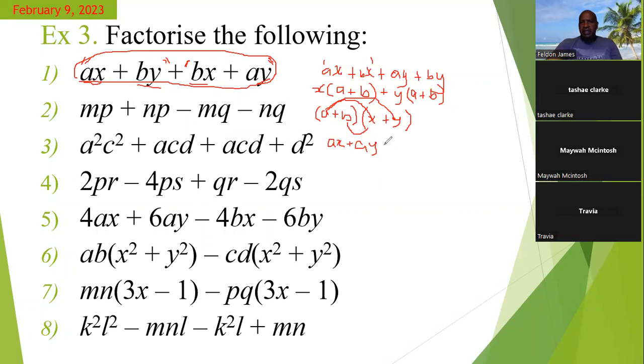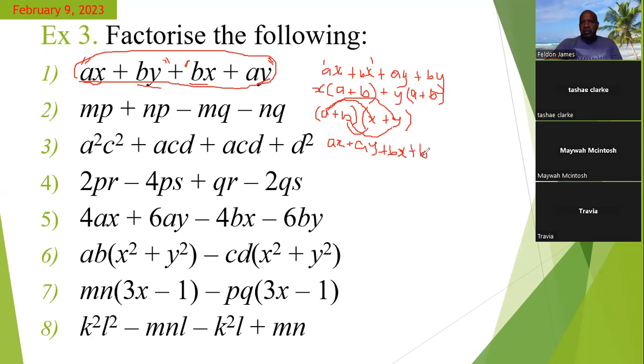So b times x gives you bx, that's plus bx. And then we have b times y, which gives you by. So we have plus by.